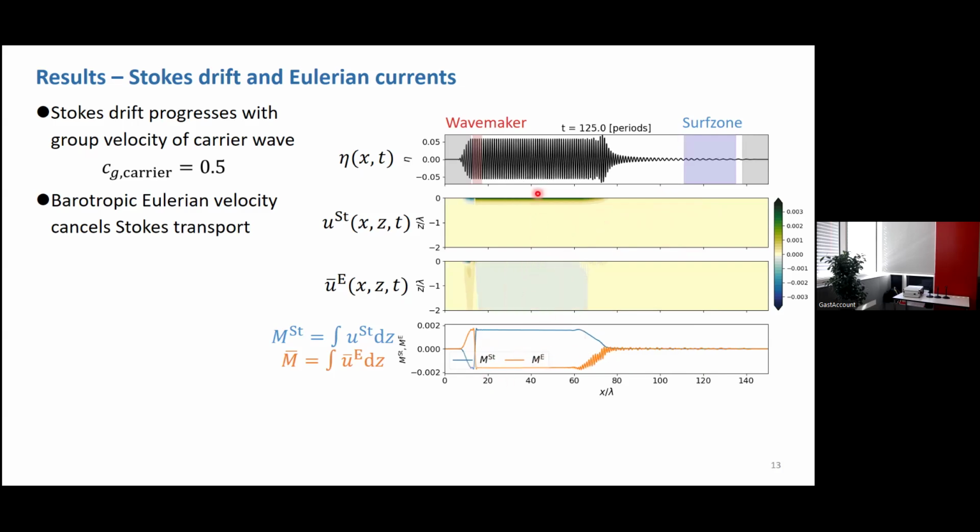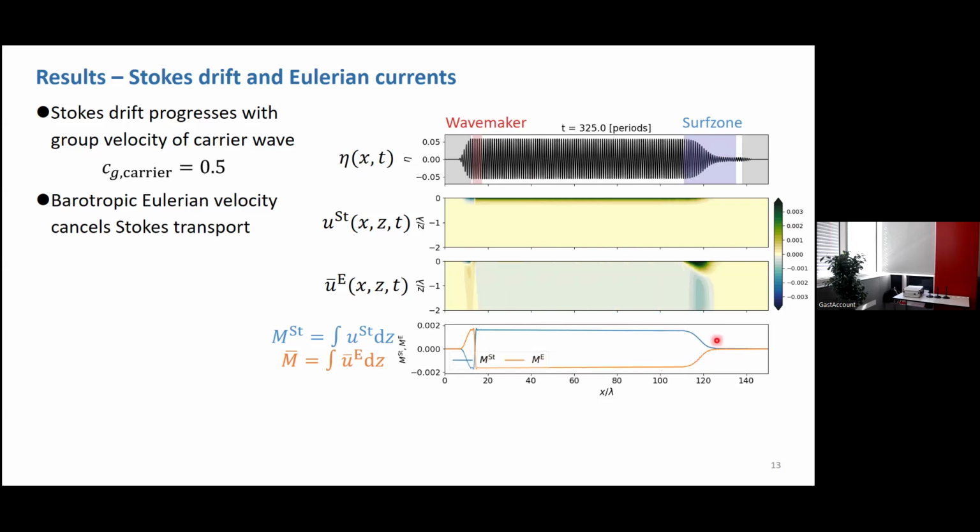In fact, here I'm showing the vertically integrated mass transport: the blue line shows the Stokes transport, and the orange line shows the Eulerian transport. We can see that the Eulerian transport almost immediately, locally cancels the Stokes transport.